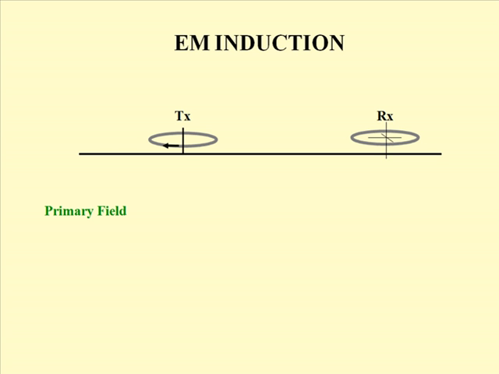If the current flowing around the transmitter varies as a function of time, then the magnetic field that's proportional to it will vary as a function of time as well. So in that case, the primary field varies as a function of time, so you can see that it's flashing.